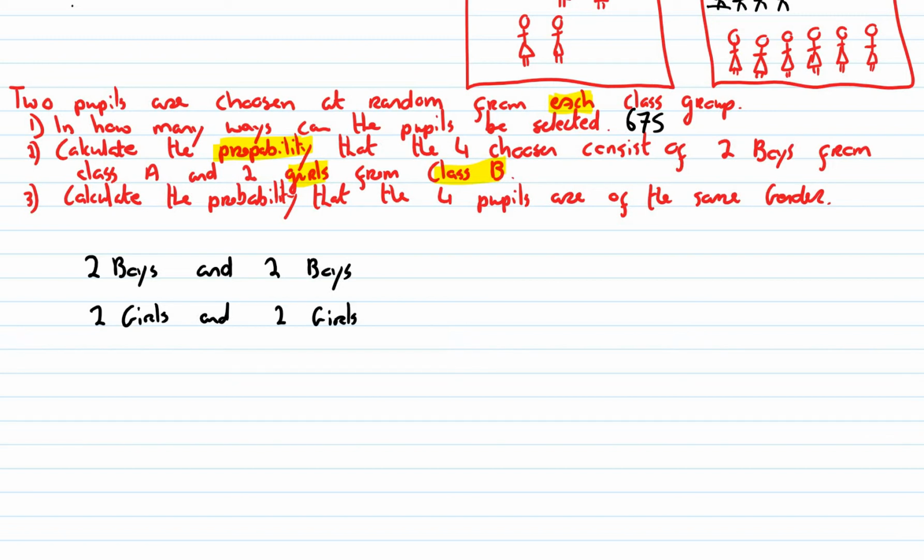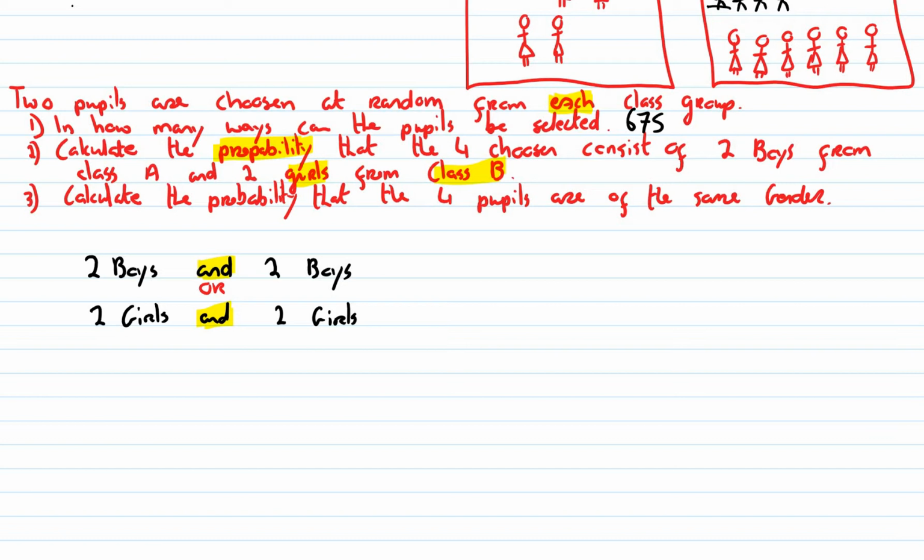Just to recap that, I could choose 2 boys from the first class and 2 boys from the second. Or I could choose 2 girls from class A and 2 girls from the second. And we're looking for the probability of getting one of these 2.